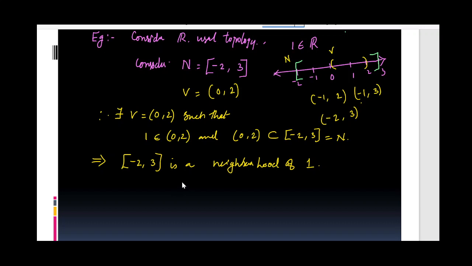Don't get confused, because in real analysis classes you have studied that only open intervals are going to be neighborhoods. Here there is no need to say that a neighborhood should be open, because this closed set is going to be a neighborhood of 1.